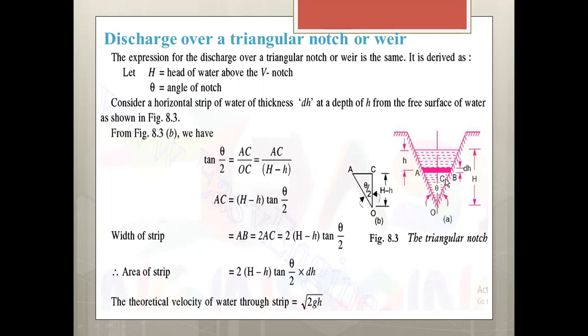By putting this value, width of strip is equal to twice into (H minus h) into tan theta by 2. Now the area of strip is equal to twice (H minus h) into tan theta by 2 into dh. The theoretical velocity of the water through strip is under root of twice gh.